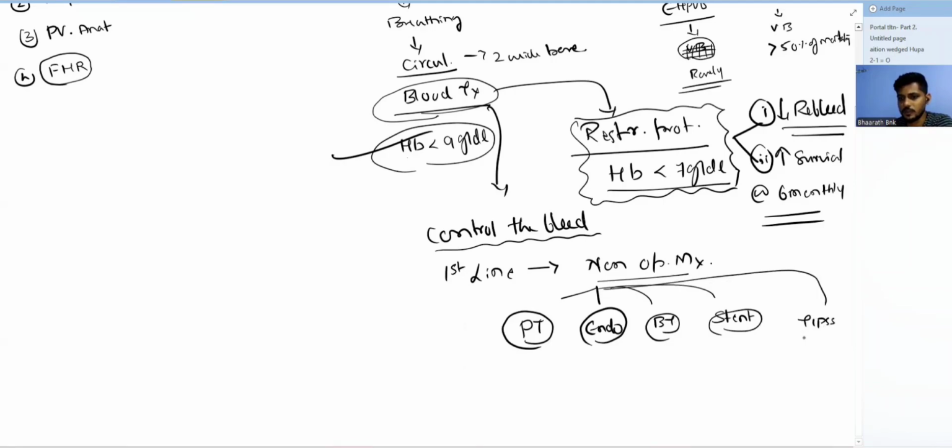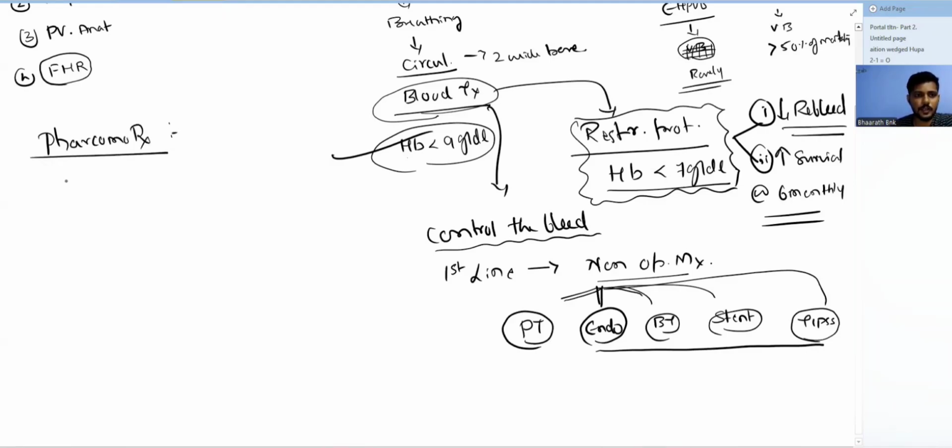All these are the options available, and depending upon the patient's presentation, we need to select among them. Whichever you choose, pharmacotherapy forms a component of all of them. So pharmacotherapy has to be initiated at the time of bleed, as soon as the patient comes to hospital.